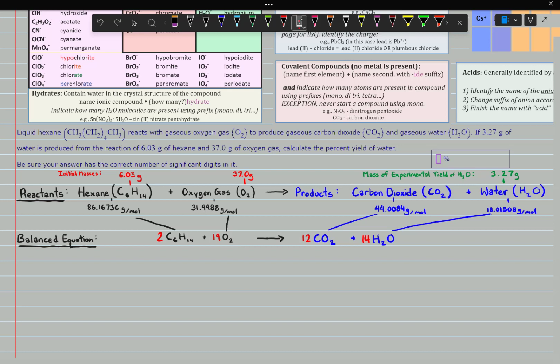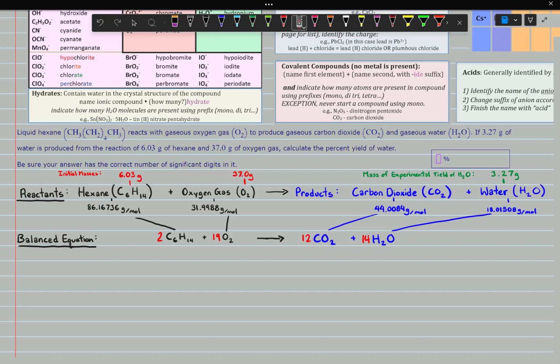So, the only difference between this problem and the last problem was, in the last problem, we were just calculating how much water we were supposed to get out of the reaction.